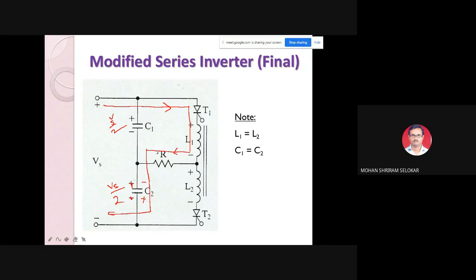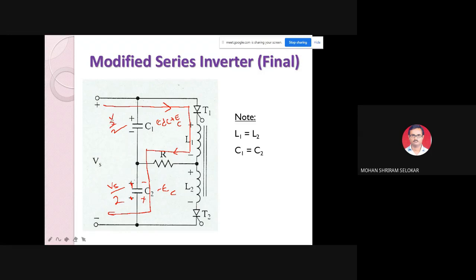As it is negatively charged, this C1 will be charged initially to EDC plus EC, with the upper plate positive and the lower plate negative. Whereas the sum of the voltages should be EDC, it cannot be more than EDC. So I will say this capacitor initially will charge with the voltage minus EC. This is my initial situation.